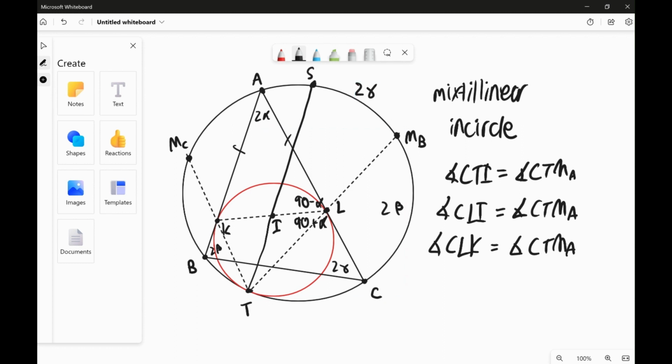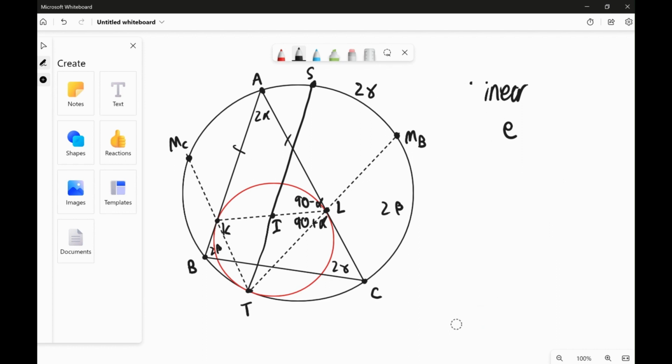And 2 beta plus 2 gamma is equal to the measure of this arc, which is thus 180 minus 2 alpha. And finally, by the inscribed angle theorem, this angle here must be half of that, so 90 minus alpha, which is equal to 90 plus or minus alpha. Therefore, TS must pass through I, where S is the midpoint of the arc.